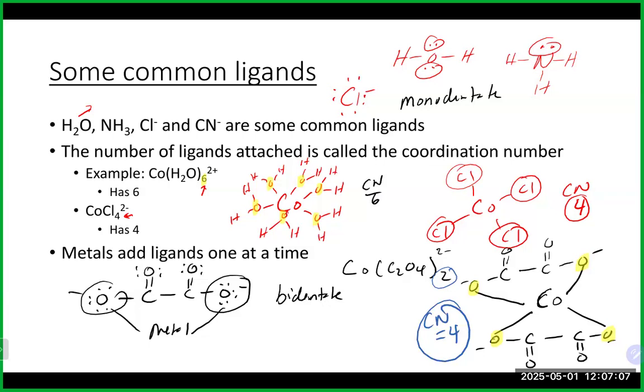So sometimes when people see a formula for a complex ion and are asked what the coordination number is, they think it's always the subscript on the bottom. It is if the ligand is monodentate and can only attach in one spot. But if it's bidentate, or there are some ligands, as we'll see in a later chapter, that can bind in 3 places, 6 places per molecule, it depends on the ligand that's present. Any questions on that?